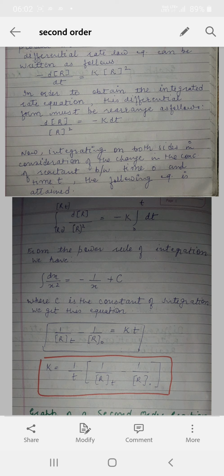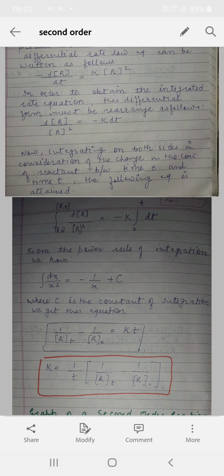From the power rules of integration we have the integral of dx/x² is equal to minus 1/x plus c, where c is the constant of integration. So we get this equation: 1/[R]t minus 1/[R]0 is equal to kt.